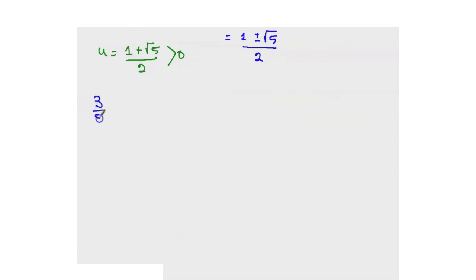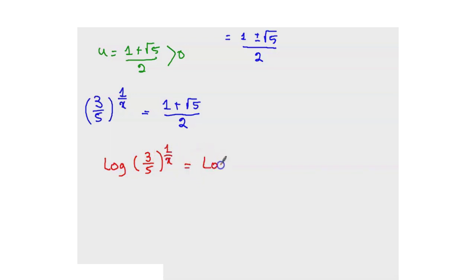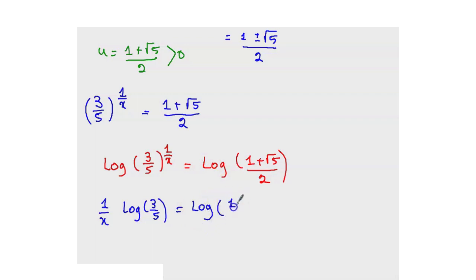So we have 3 over 5 to power 1 over x equal to 1 plus radical 5 over 2. And now we can use natural log, so log of 3 over 5 to power 1 over x equal to log of 1 plus radical 5 over 2. So we will get 1 over x log 3 over 5 equal log 1 plus radical 5 over 2.